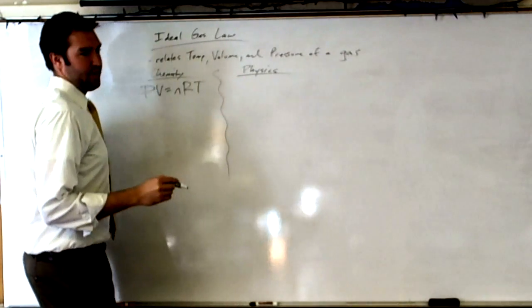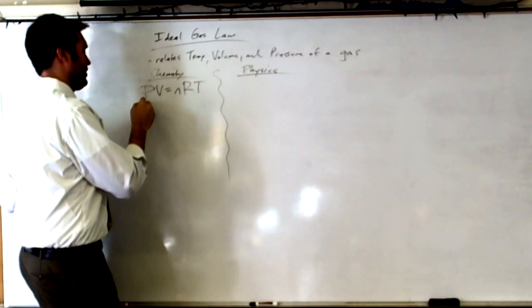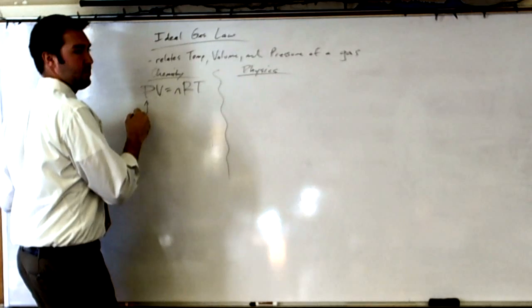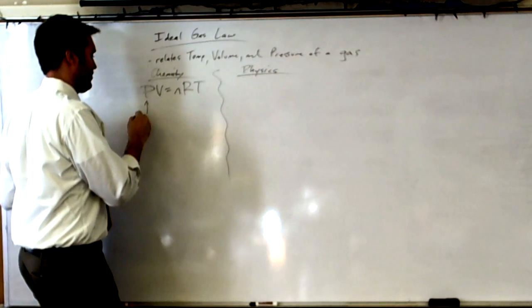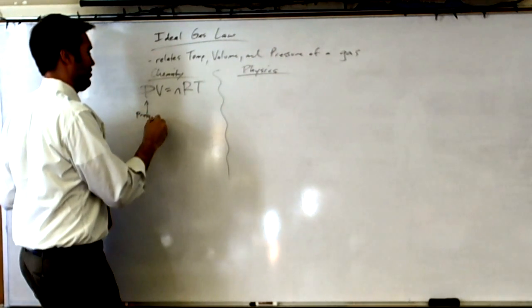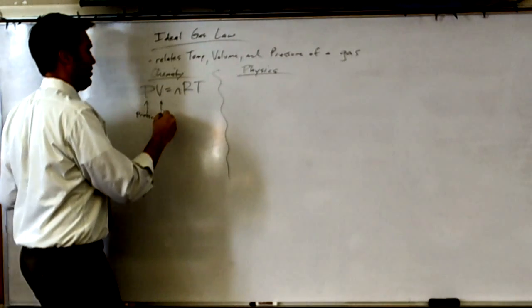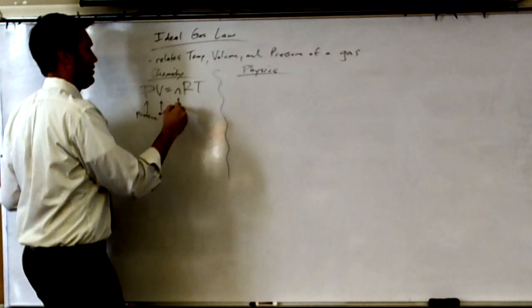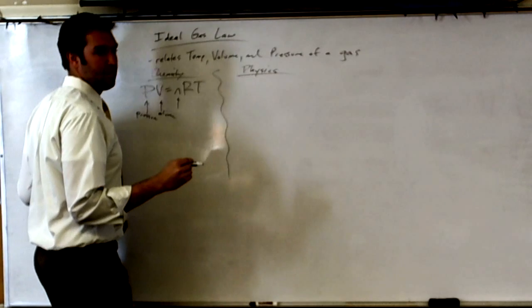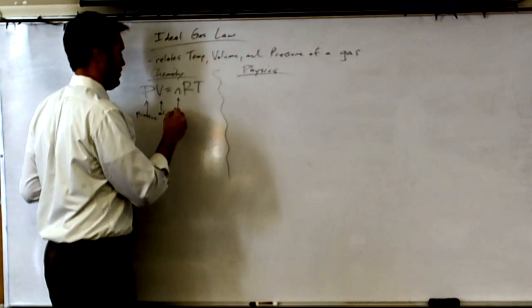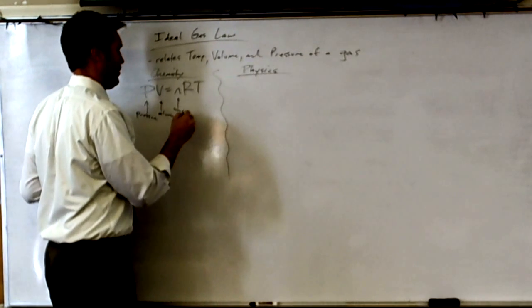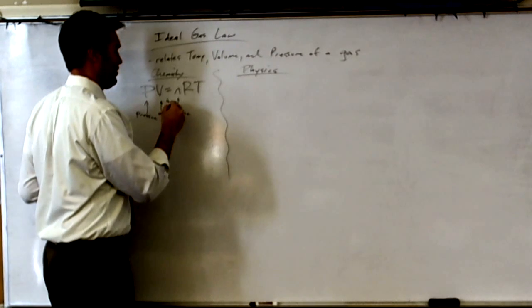That's the chemistry. You guys remember chemistry? What was P? Pressure. V? Volume. N? That was the constant amount. Boltzmann's.